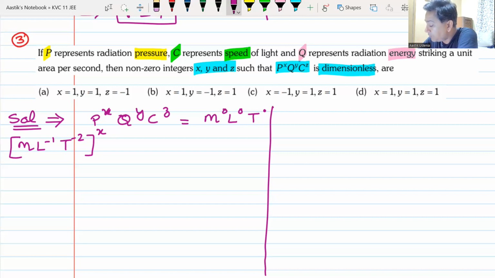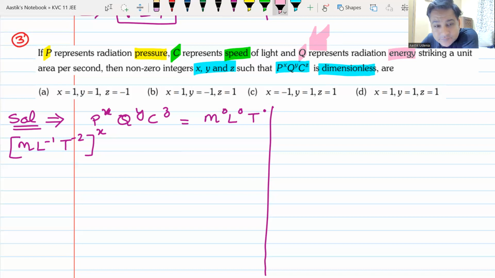Okay. So pressure is M L minus 1 T minus 2. Yes or no? Okay. What is Q? Q is? What is Q?